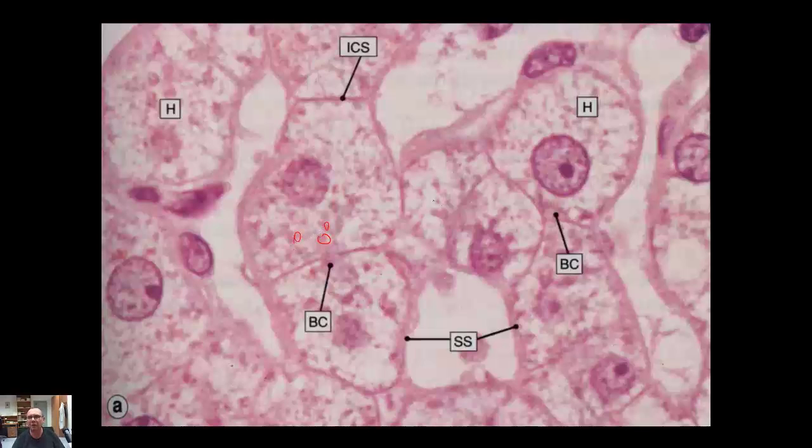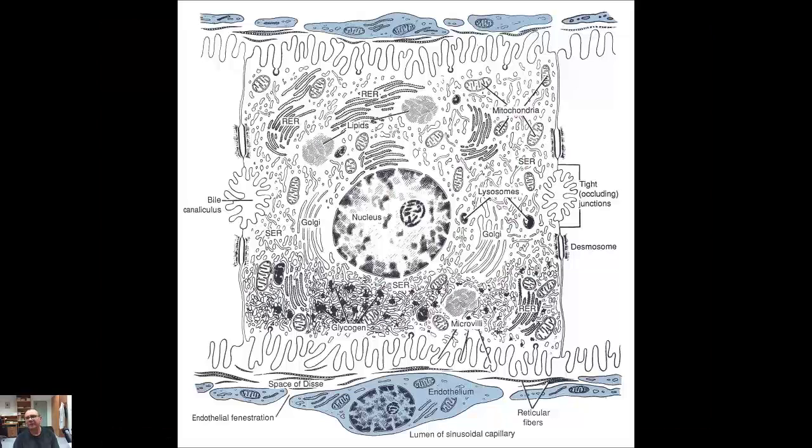Of course, the nucleus is present if present at the level of the section. The nucleus is light with nucleolus, so typical nucleus of a very active cell. If you want to find organelles, you can find all of them, as I already said. So a lot of mitochondria, a lot of rough endoplasmic reticulum cisternae.